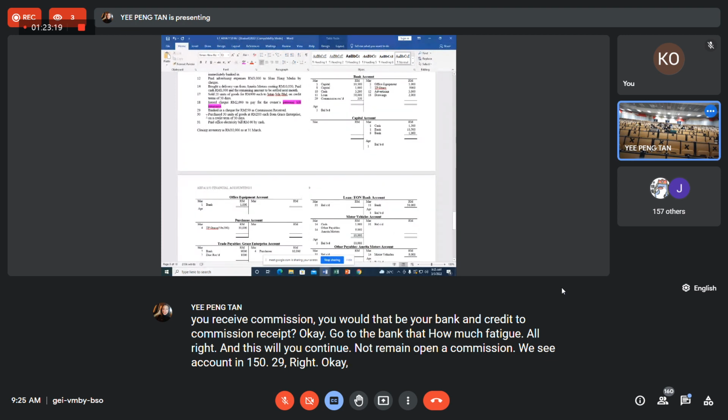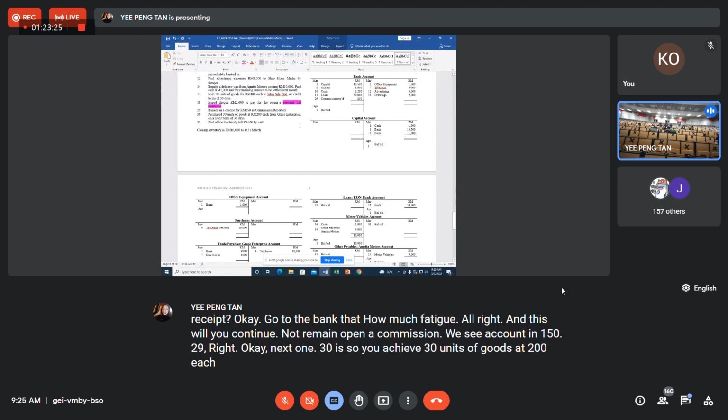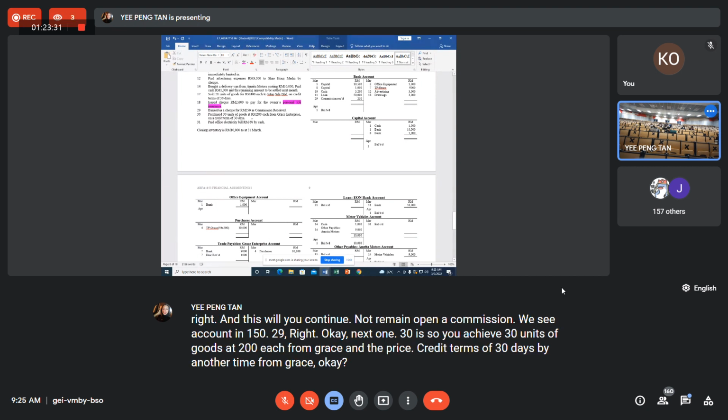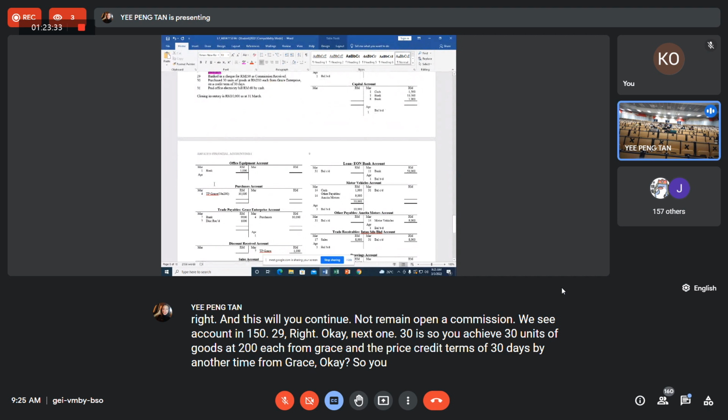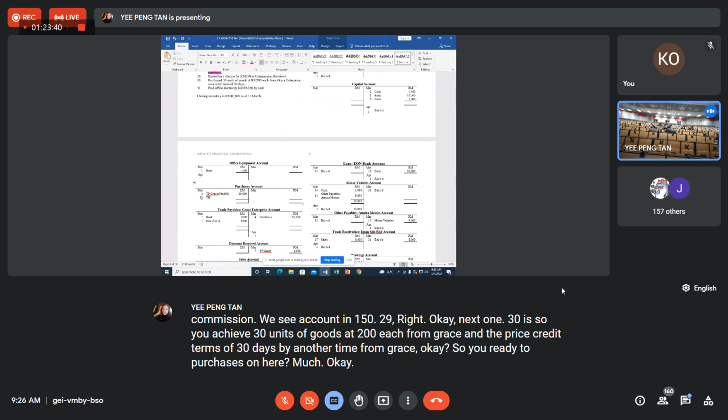Okay, next one. 30th. 30th is you purchase 30 units of goods at 200 each from Grace Enterprise at credit terms of 30 days. Buy another time from Grace. Okay, 30 units. So you will debit your purchases on 30th March. Payable Grace again.